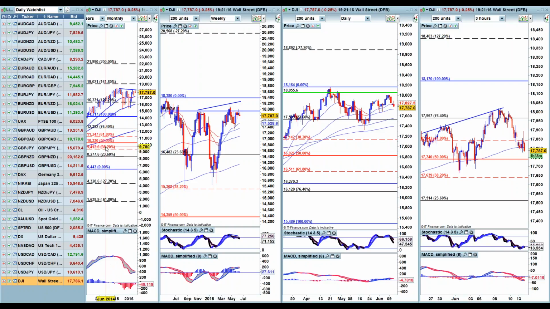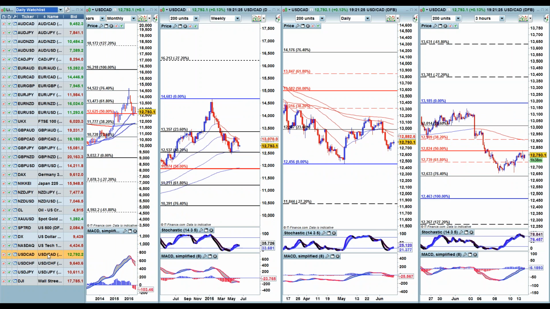Okay, so overall looking for dollar strength, and so let's look at US dollar CAD. So I should look at this one before, shouldn't I? We've had 3 weeks of lower closes on this.